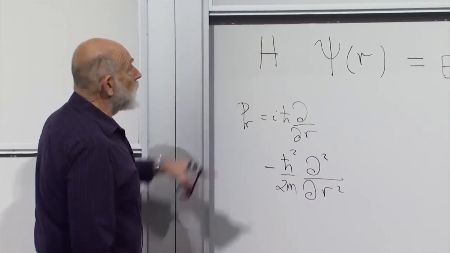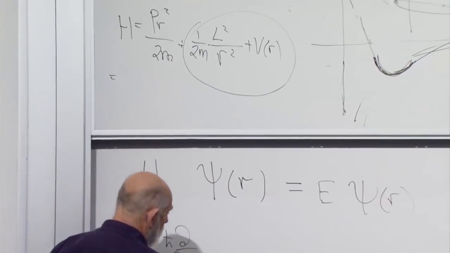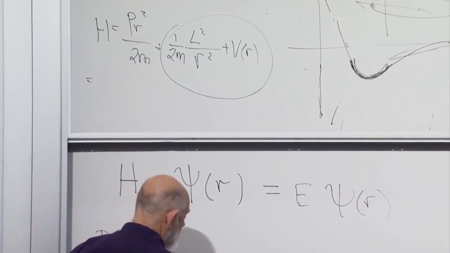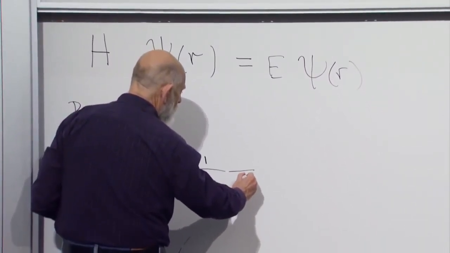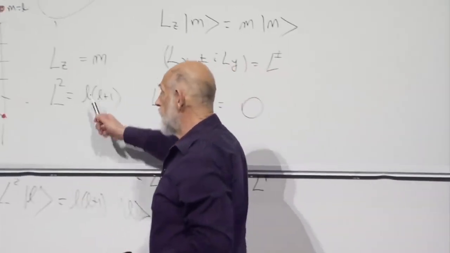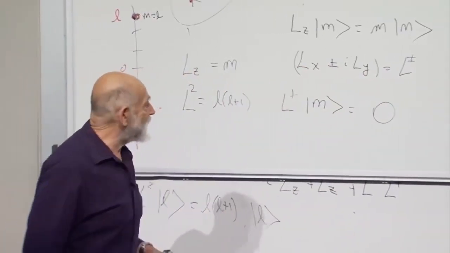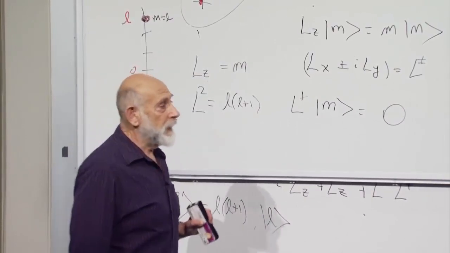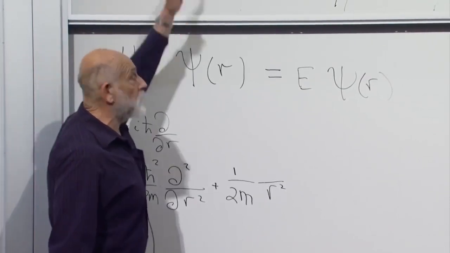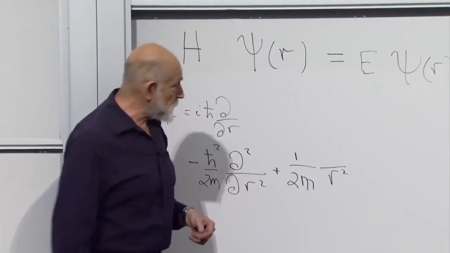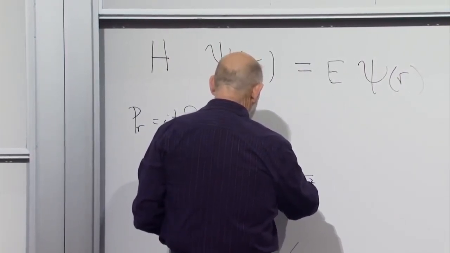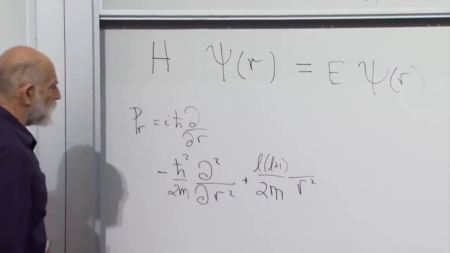The second term in the Hamiltonian is exactly what's written there, plus 1 over 2m, L squared over r squared. But what is L squared? Now we come back to here. L squared is not little l squared, it's l times l plus 1. Why? Because this is the square of the angular momentum. What appeared there was the square, it was Lx squared plus Ly squared plus Lz squared. And so this becomes l times l plus 1 over r squared.